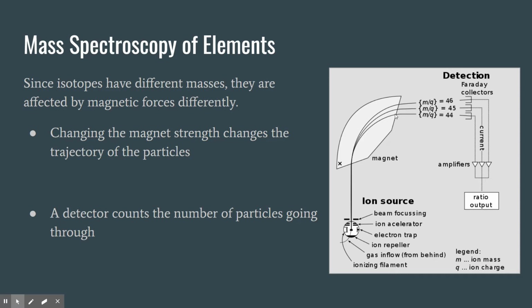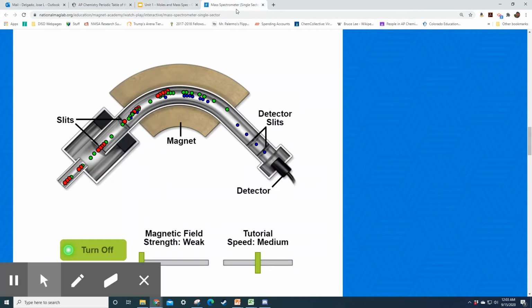The heavier the atom is, the harder it is to change the trajectory of the atom, and we can get different outcomes based on how much we push. We can change that magnetic strength, and we can also get different outcomes on where they come out. And this allows us to control which particles are going to make it to our detector. So I can show you what this looks like in a simulation.